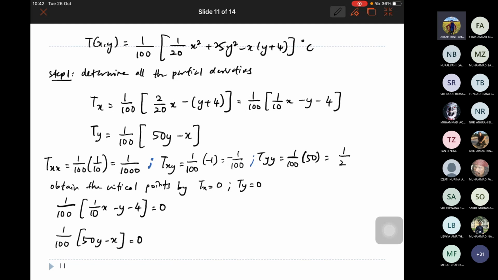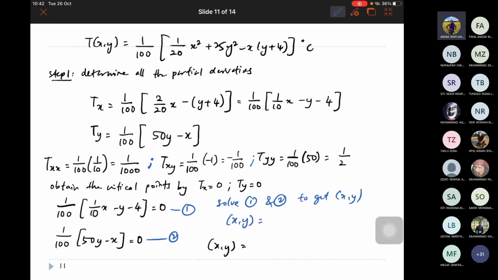Okey, cuba selesaikan dan bagi saya nilai XY. Selesaikan dua equation. This is equation first, this is equation 2. Solve 1 and 2 to get XY. So dapat apa jawapan?